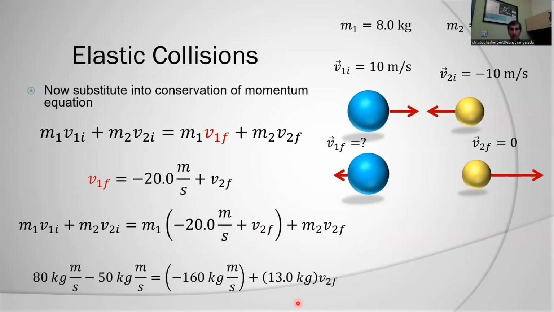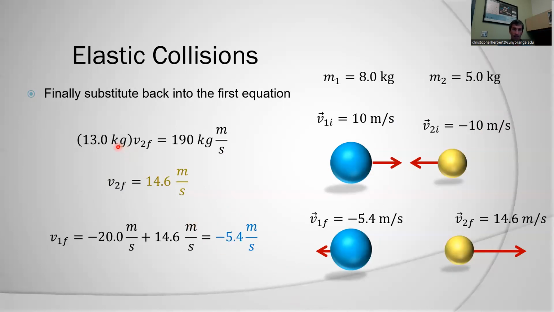All right, all I have to do now is put my V2F term on one side, all the other terms on the other side. I get that 13 kilograms times V2F equals 190 kilogram meters per second. Divide both sides by 13, I get V2F equals 14.6 meters per second.